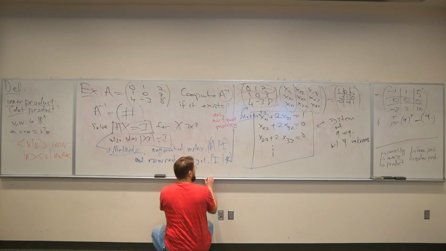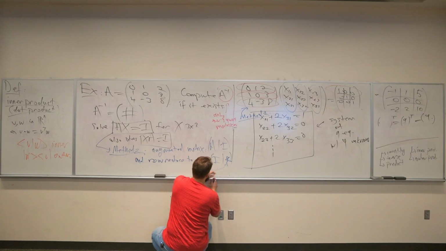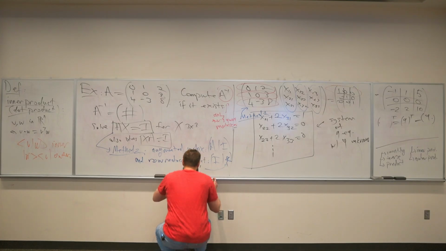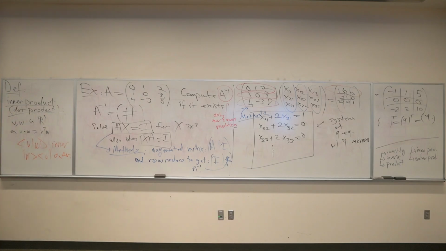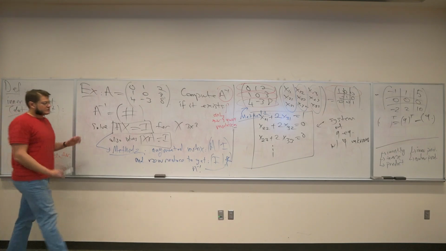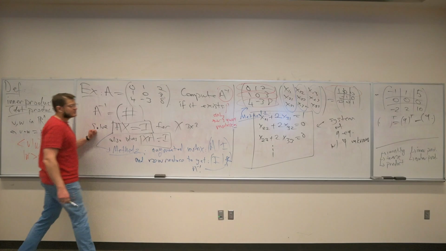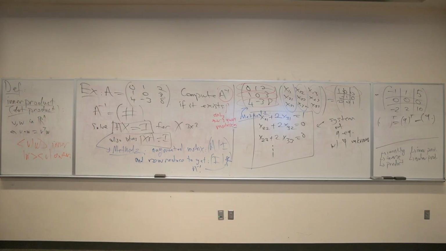Some 3 by 3 matrix. Whatever 3 by 3 is on the right-hand side is going to be your inverse. I'll let you think about why this indeed computes the right matrix.